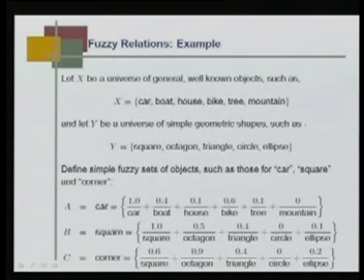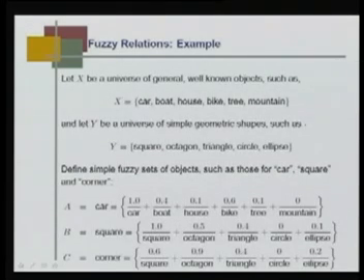Okay. So, now the question we may ask is that if I have an image of any of these objects, like car or boat or house or bike or tree or mountain, how close are these images to an image of a car.